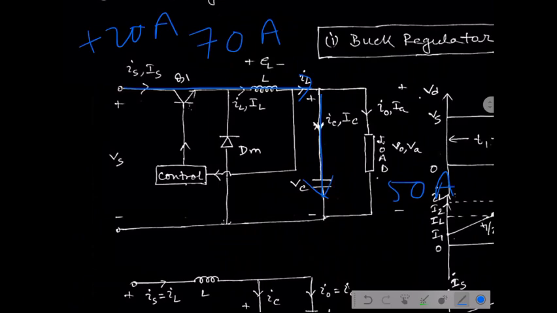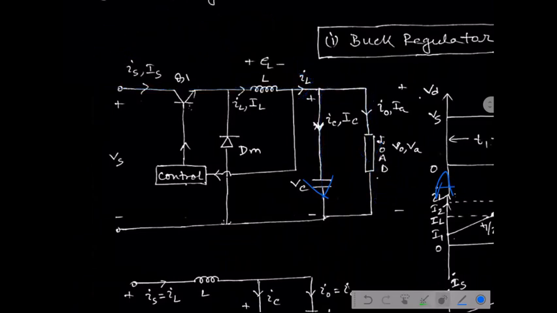The remaining 70 minus 20, that is 50 ampere, is delivered to the load. That is why the load current remains a constant 50 ampere. Right now the capacitor is storing energy in this mode, and in the previous one, when the load current was supplied from the capacitor, the capacitor was in discharging mode.